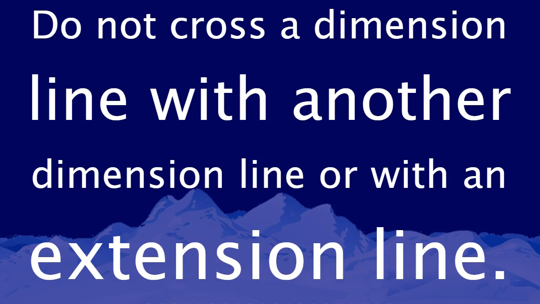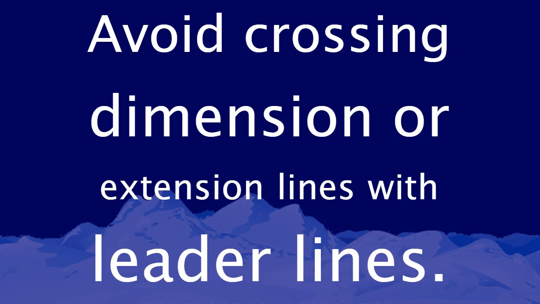But there are some parts that are complex. It's very hard to keep it clear, so we'll look at some ideas to help you make sure you're not doing this. This is a guideline. Alright, so what this is saying is when you have your dimension number, you want to place your extension and leader lines so that they don't cut through the dimension number.